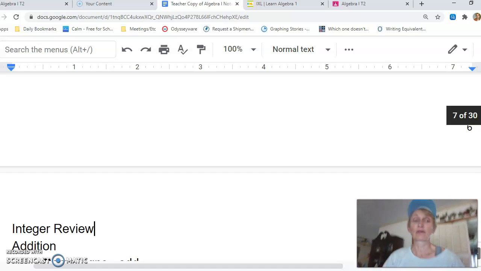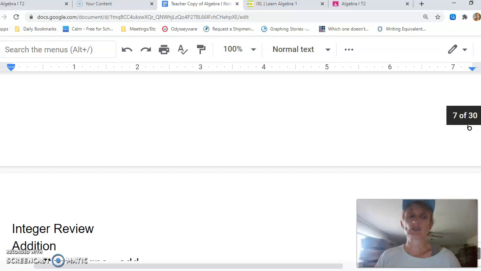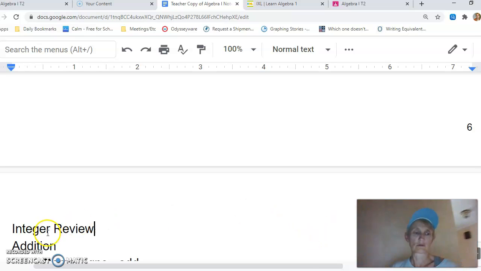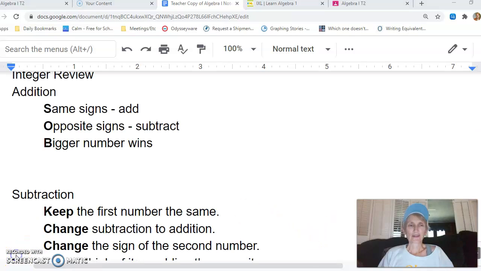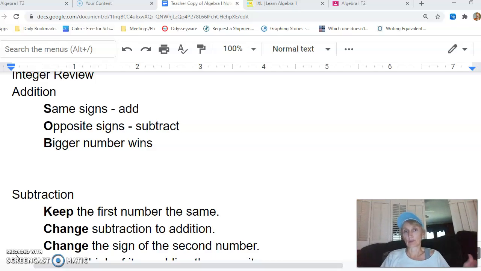And come with me for a moment. We are going to also review integers. So for some integer review, when we're adding integers, first off, remember integers: positive and negative numbers, and 0. Those are all integers, like your whole numbers, including 0, and their opposites.